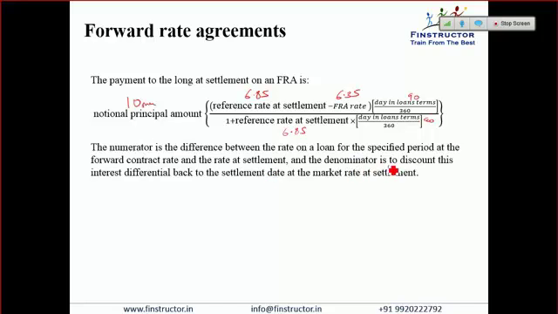The denominator is to discount this interest differential back to the settlement date at the market rate at settlement, that is 6.85%, because the payments ideally should be exchanged at the end of the loan, because interest is paid at the end of the loan. But because we are settling it at the beginning of the loan, we need to discount it back, and that is the payment that the loser will give to the winner.